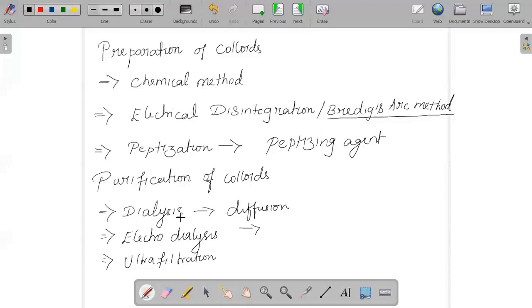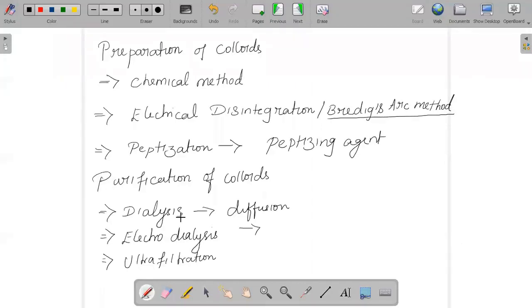And next we say ultrafiltration. This is the process of separating the colloids from the soluble solutes, that is impurities, using specially prepared filters which are permeable to all the substances except the colloids. Colloidal particles are normally allowed to pass through ordinary filter paper because the pores are too large.